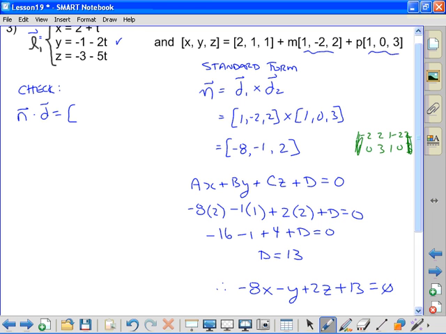Still, we'll go ahead, and the normal was negative 8, negative 1, 2, and my direction vector is 1, negative 2, negative 5. So solving that, negative 8 plus 2 minus 10. So by the look of that, it's not going to equal 0. So what I did was worthwhile. So it intersects at a point.